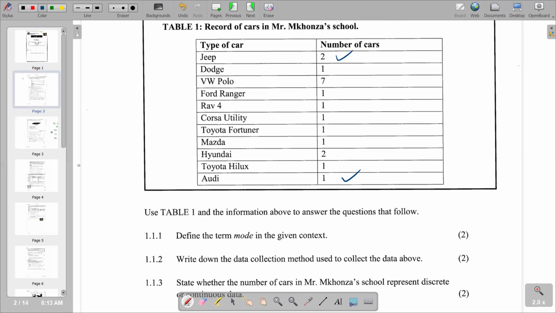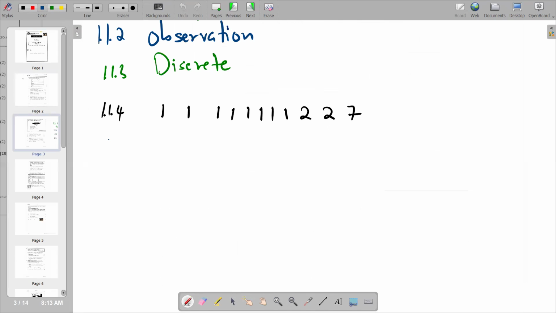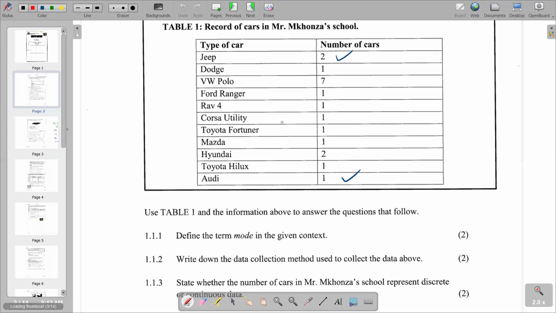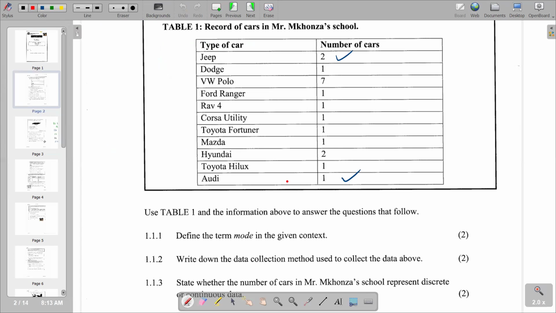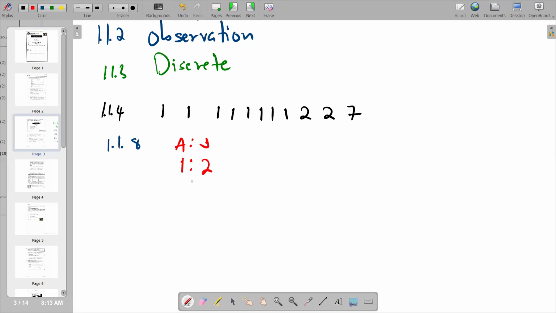So the ratio, this is number 1.1.8, the representation is OD is to G. So our OD we have identified as 1. So we are saying 1 is to 2. And then we check in terms of G, we have got only 2. So it's 1 to 2 as our ratio.